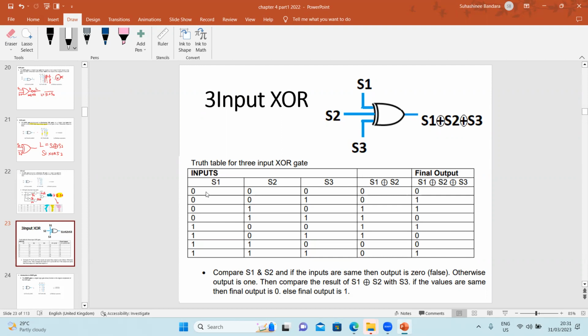Look at the output, S1, S2, S3. There are three inputs. If there are three inputs, how to represent the possibilities? 2 to the power 3 means 8 possibilities should be there for the truth table: 0 0 0, 0 0 1, 0 1 0, 0 1 1, then 1 0 0, 1 0 1, 1 1 0, 1 1 1.